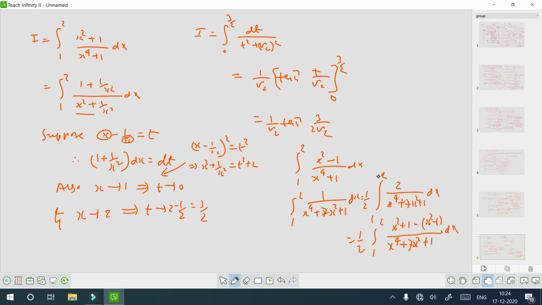Now we have to separate it. So it is equal to 1/2 integral 1 to 2 of x square plus 1 upon x raised to 4 plus 7x square plus 1 dx minus 1/2 integral 1 to 2 of x square minus 1 upon x raised to 4 plus 7x square plus 1 dx.